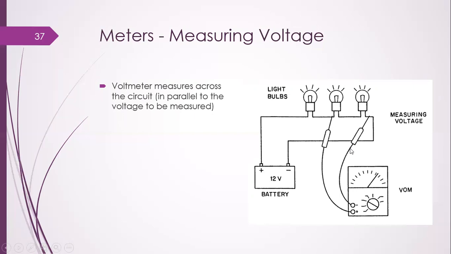So to measure the voltage, we do not need to open the circuit. We just connect these particular probes to the load, then the voltage would appear on the screen. So this is the way to measure the voltage from the meter.